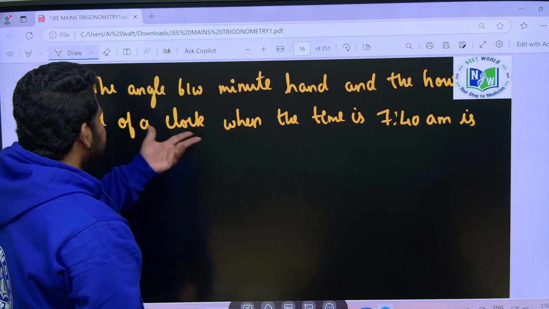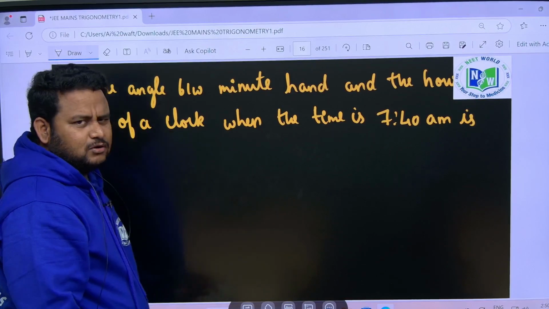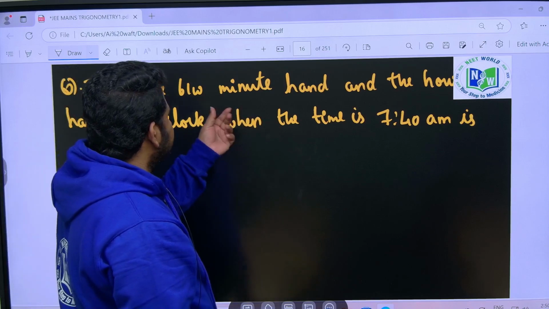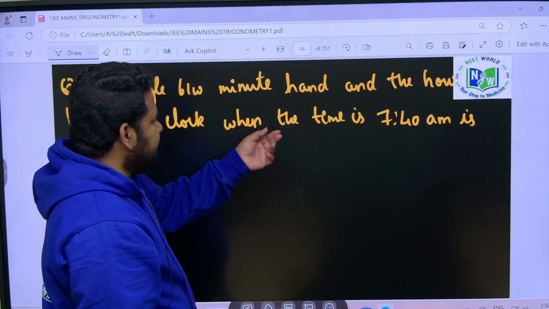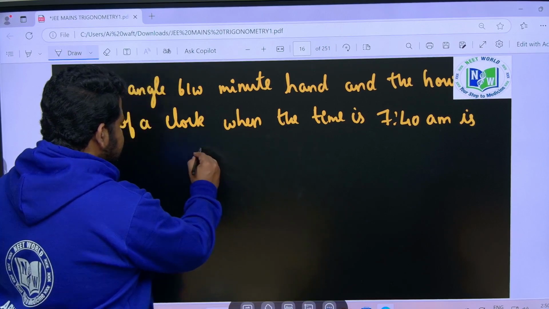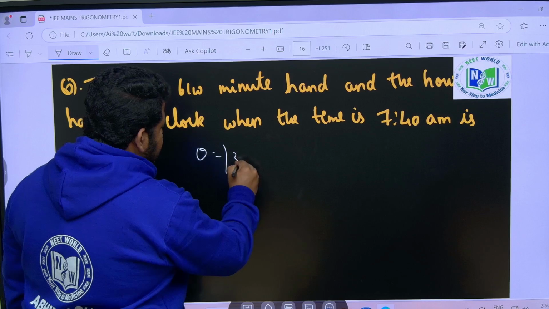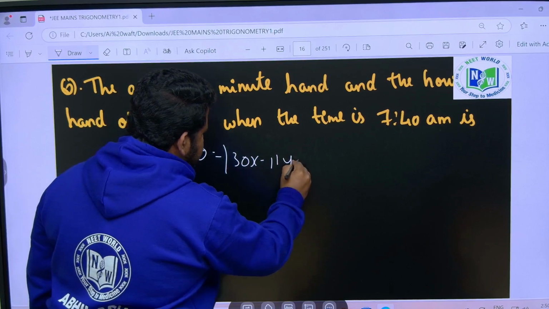Similarly, they have asked, don't worry about AM, PM and all these things: the angle between the minute hand and hour hand of a clock when the time is 7:40 AM. So theta is equal to 30x minus 11y by 2.